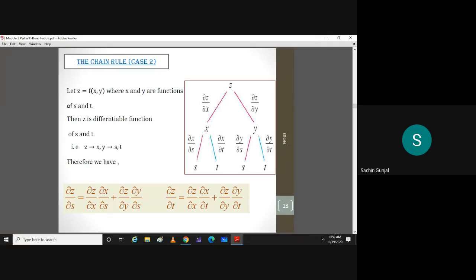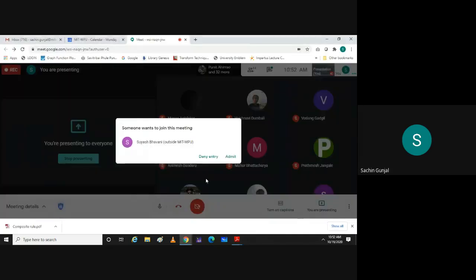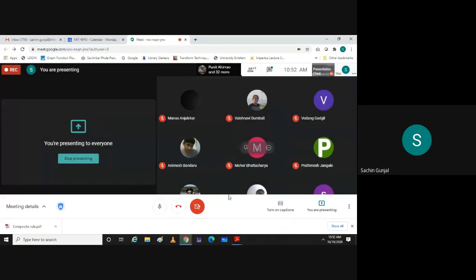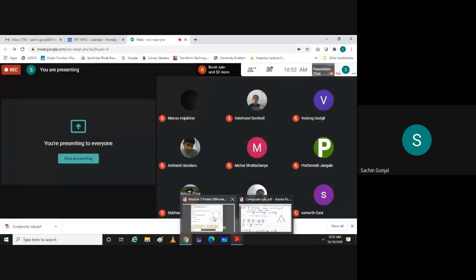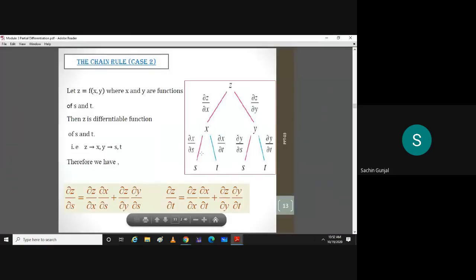So z is a function of x and y, indicated by these arrows, and then x and y both are functions of s and t. To find the partial derivative of z with respect to s, you need to select the paths by which you come from z to s.